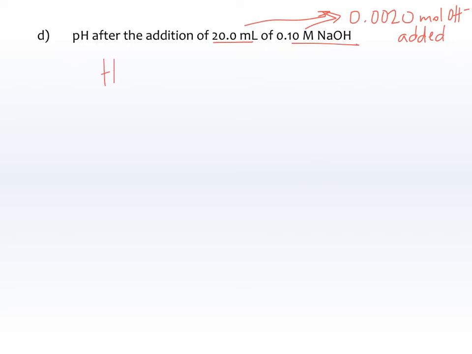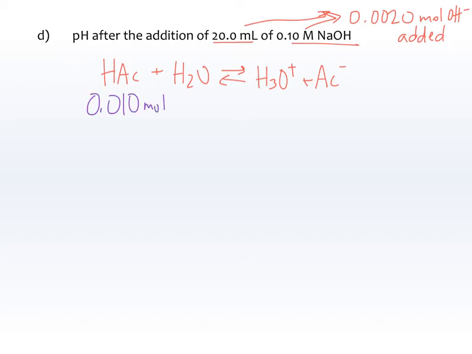Now for my equation, it'll be the same equation as we had before. HAc plus water makes H3O plus and Ac minus. And my initial HAc moles will be the same as it was before. That is 0.01 moles of HAc.